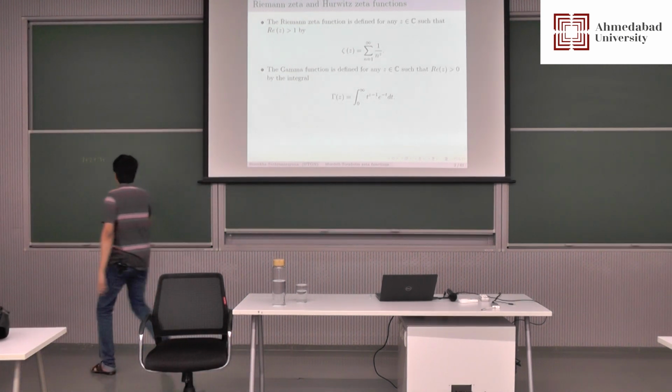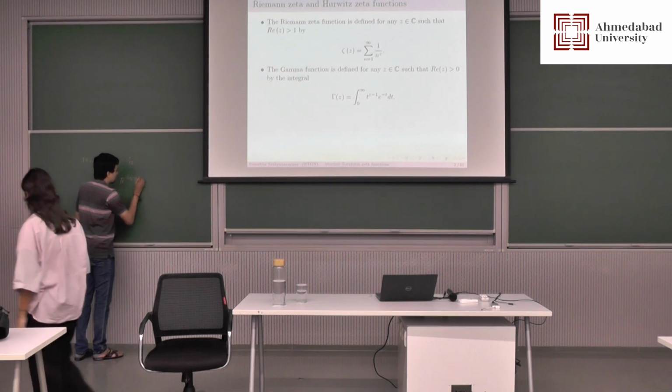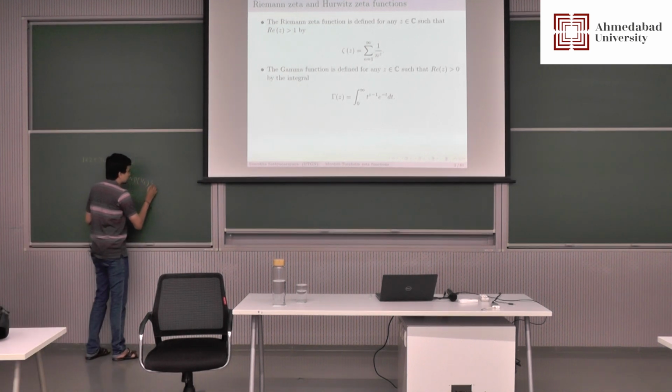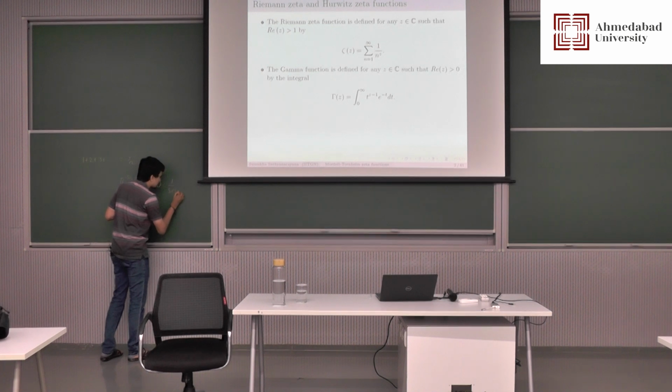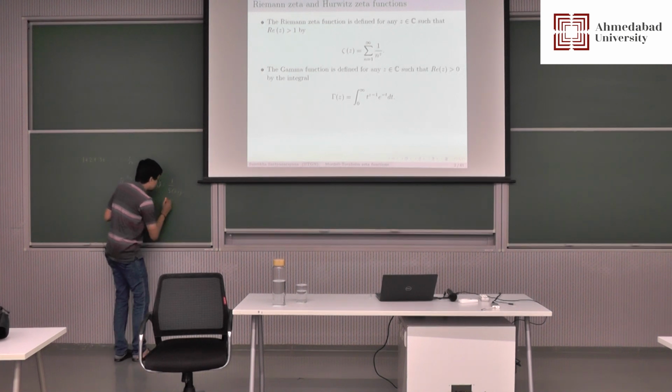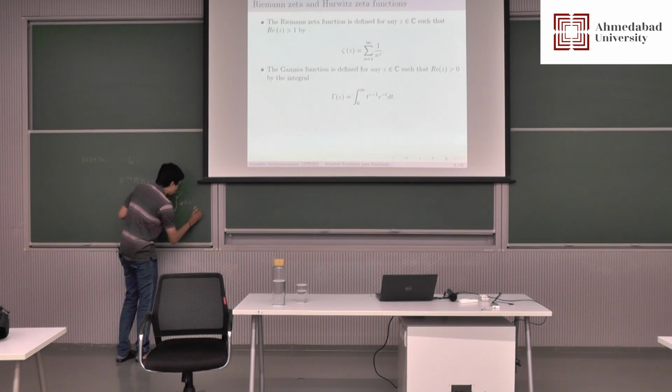Consider gamma of s by 2 into zeta of s, which is equal to 1 by s into s minus 1 plus some integral from 0 to infinity, with x to the power of minus half minus s and plus s minus 1.